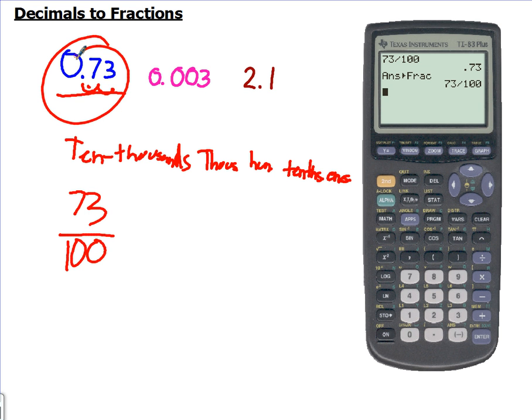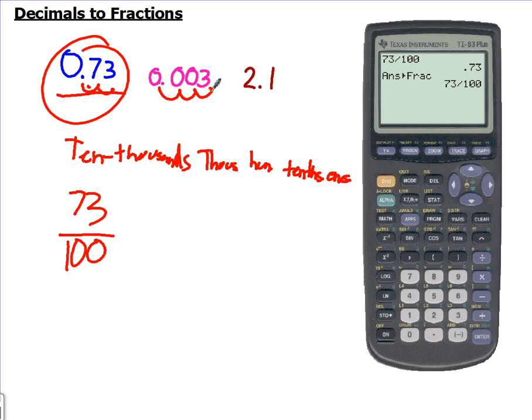Now, let us look at the next one. Can you tell me what this number is as a fraction? Well, if you don't know, this is why we're here to figure it out. To convert this, we need to know how many decimal place values are filled. As you can see, there are 3 decimal place values that are filled.